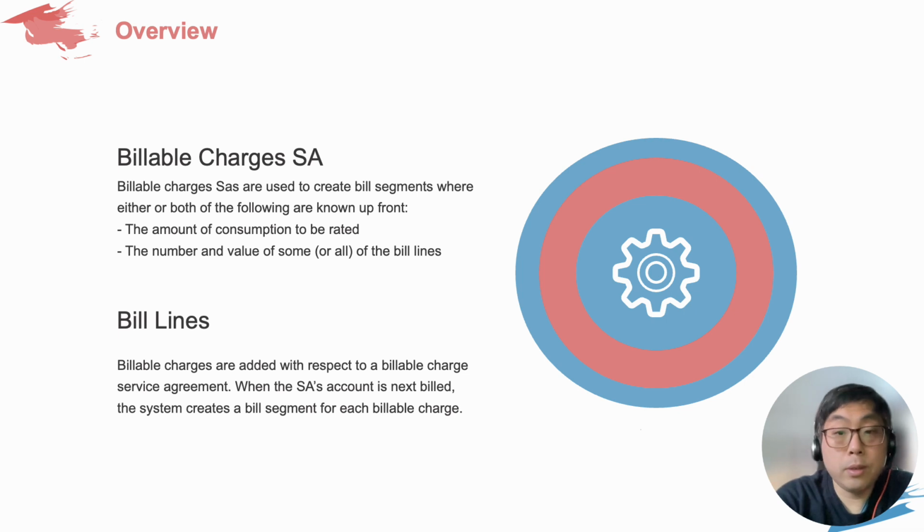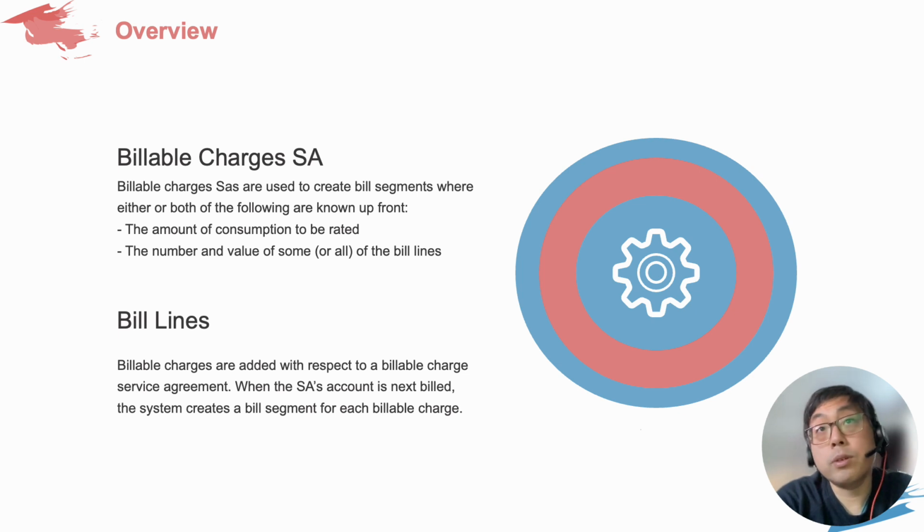However, the utility still needs to charge them in terms of all the cost, etc. So in that case, the utility would have a service agreement set up not with the customer but with the agent directly, and every month the agent will upload the consumption from the customer, and the utility will just bill the agent based on the consumption.